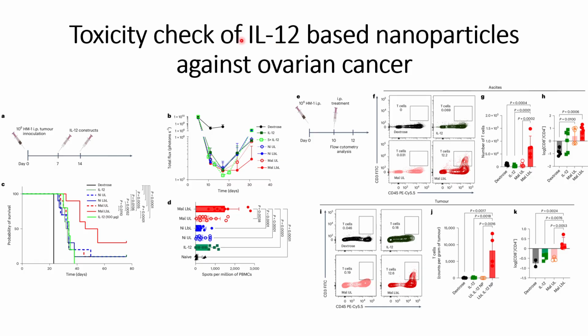Even when they use free IL-12 cytokines, it will have a negative effect, because free cytokines can have non-specific binding and cause non-specific reactions. This is why this cytokine specific targeting against ovarian cancer has better results.